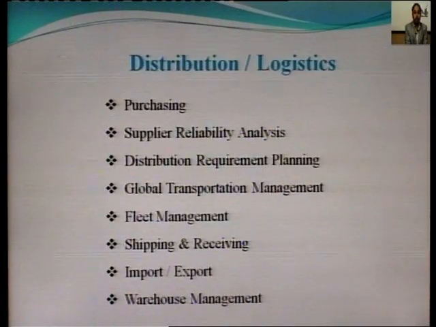Distribution requirement planning is the planning of the goods that are needed in our warehouse. Global transport management is the management of the transports that are needed to transport our final products. Fleet management. Fleet management is the management of our transport systems.